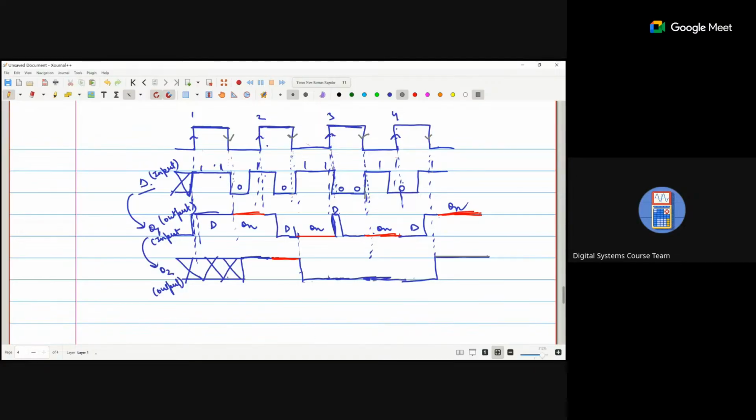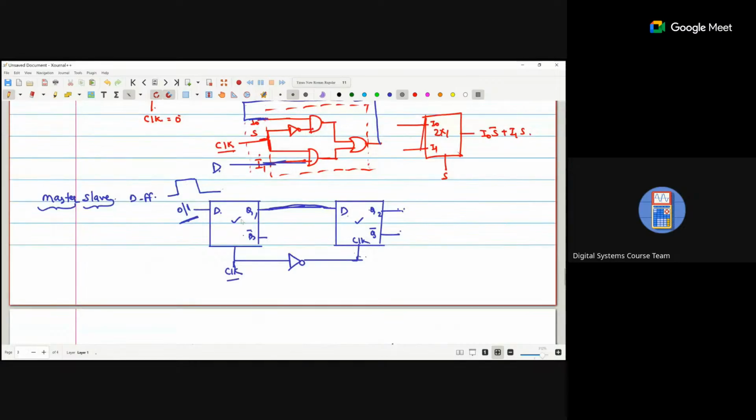So what we can see is, if we are using two latches in a way that both latches are connected in cascade form, the output of the first will be the input for the second, and the clock pulse is opposite level triggered.